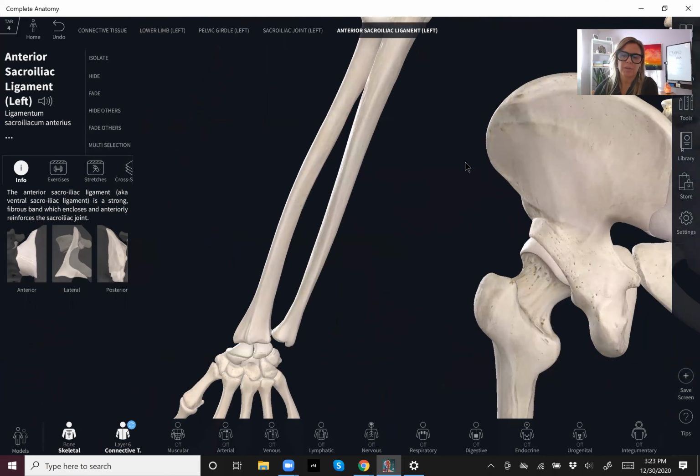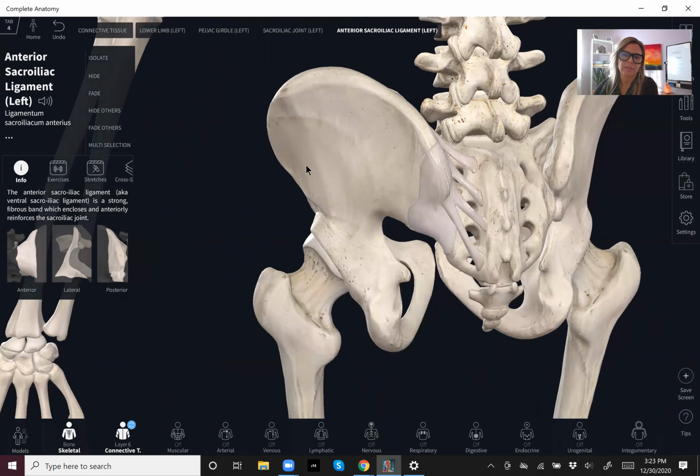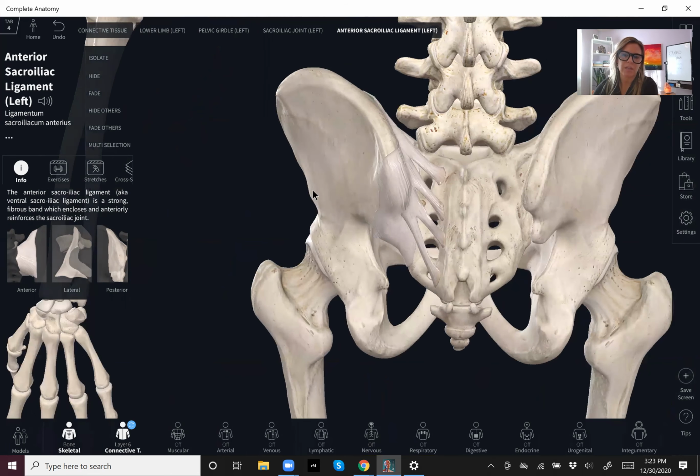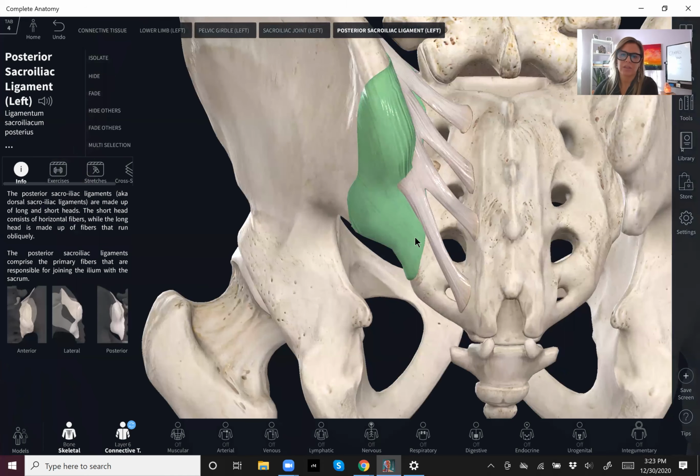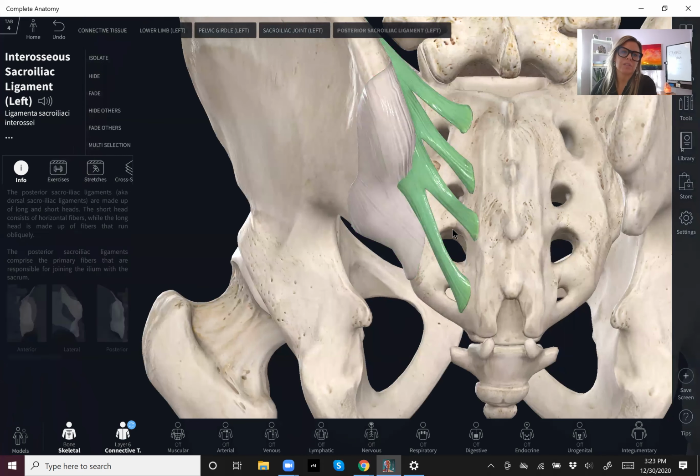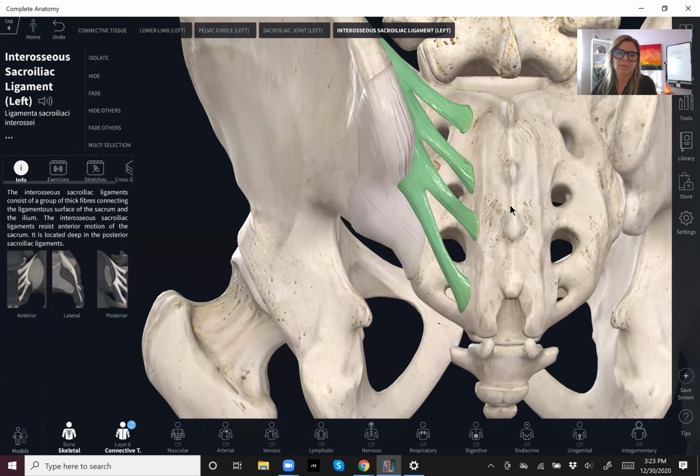And then we'll flip our skeleton around, and we'll take a peek here at the back side. So then we have this one here, and this one is called the posterior sacroiliac joint, or sorry, iliac ligament. And here, and then you have this guy, which is the interosseous sacroiliac ligament.